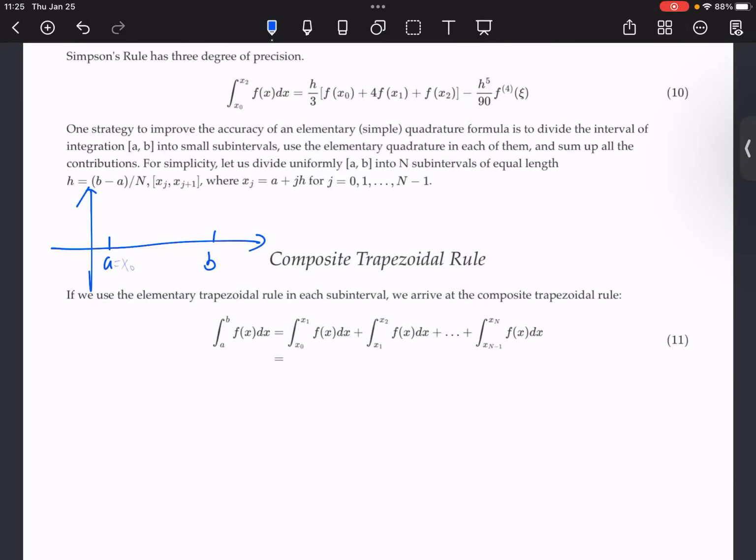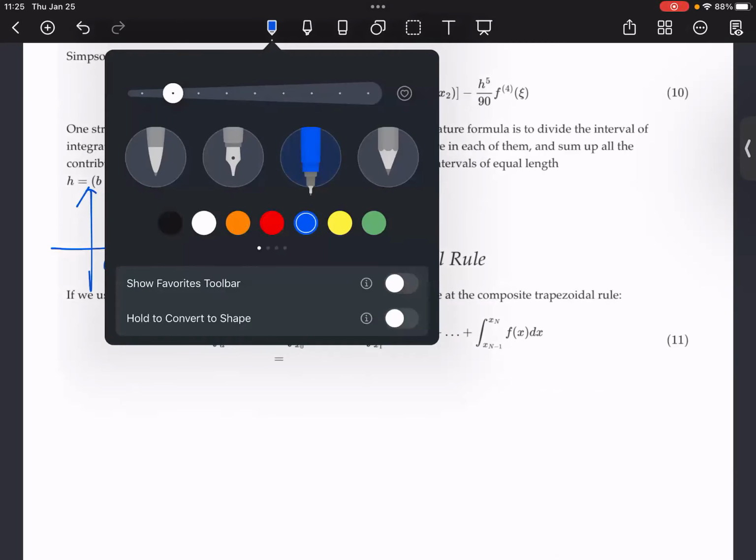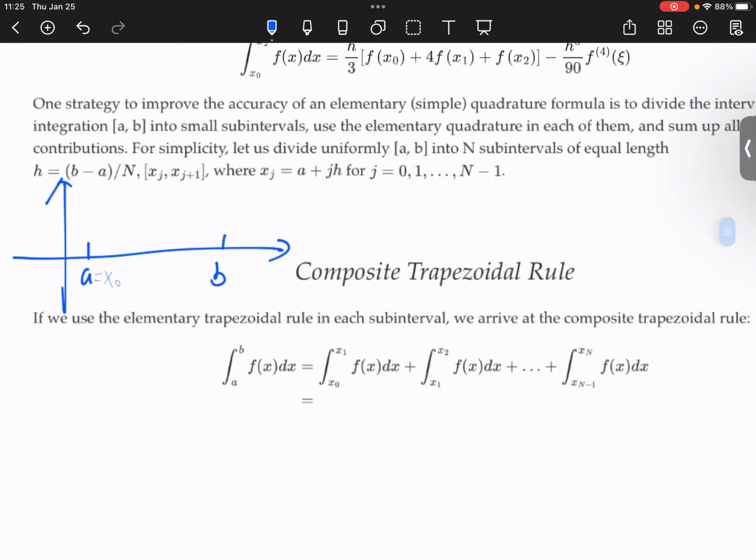The first one is x0, still x0, and then we have more subintervals here: x1, x2, and then xn here. For each subinterval, we now apply the trapezoidal rule, which means that we are using the trapezoidal rule to approximate the integral on this subinterval.